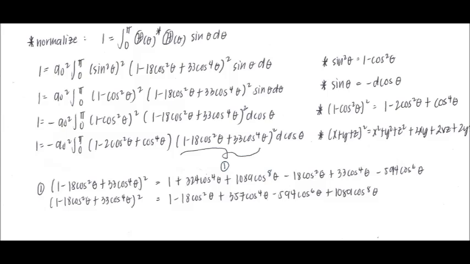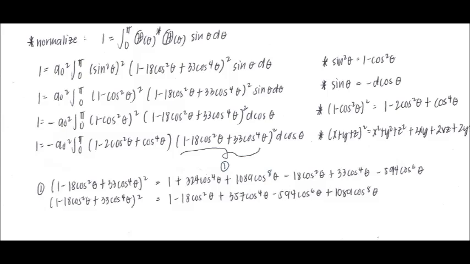Leaving the new equation: 1 equals negative a0 squared, integral of (1 minus cosine squared theta) squared times (1 minus 18 cosine squared theta plus 33 cosine to the 4th theta) squared d cosine theta. Now we will expand (1 minus cosine squared theta) squared, which is equal to 1 minus 2 cosine squared theta plus cosine to the 4th theta.